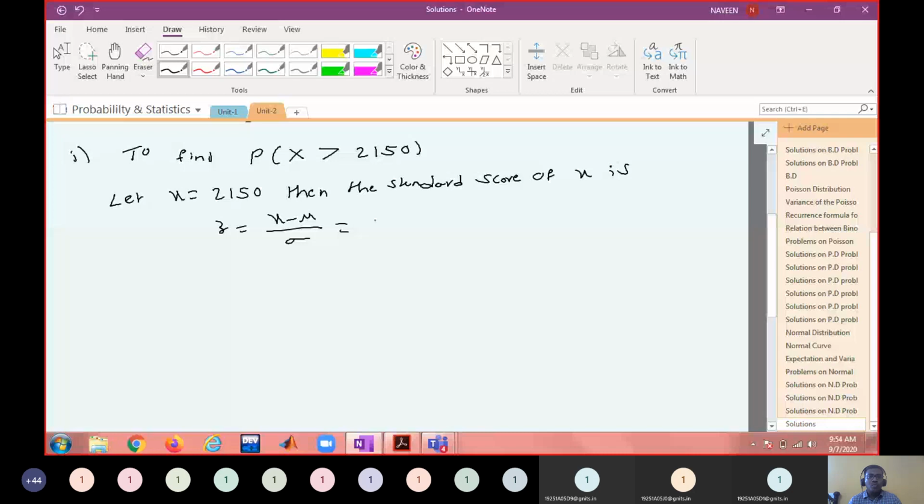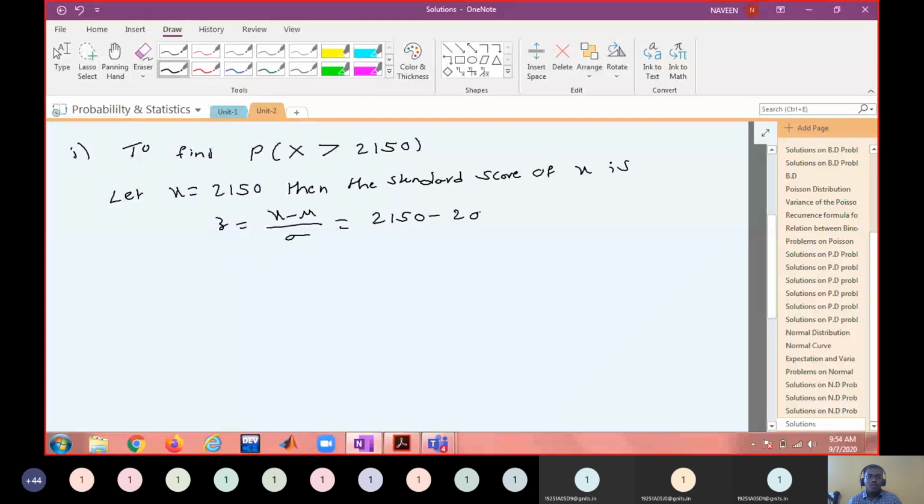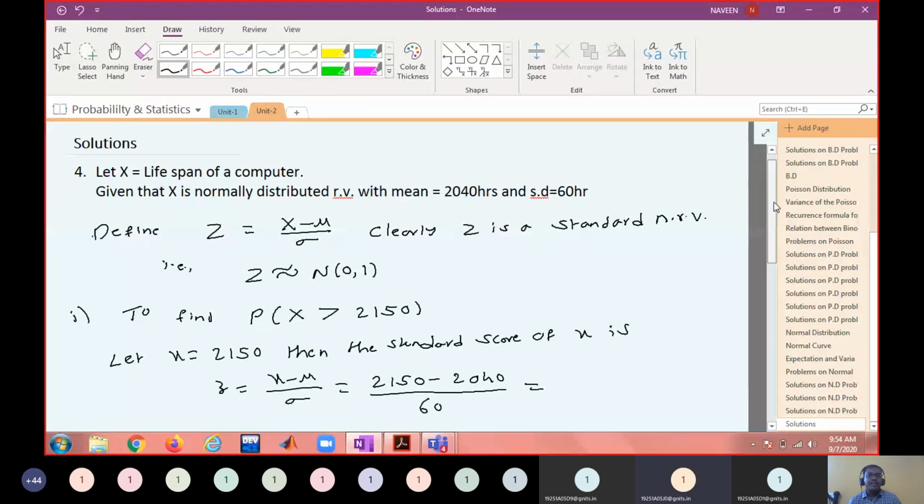X is 2150, minus mu, which is 2040, divided by standard deviation 60.